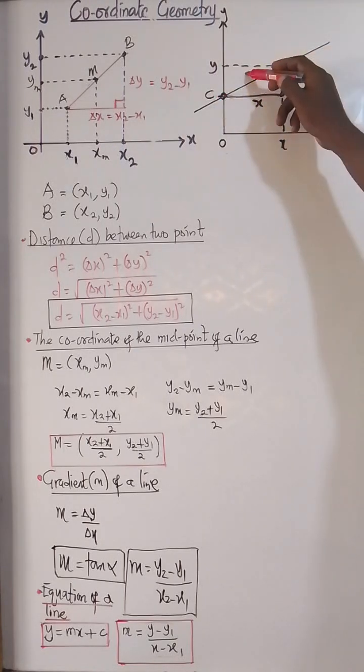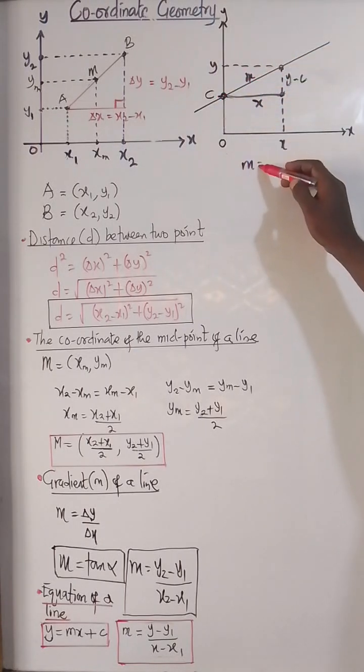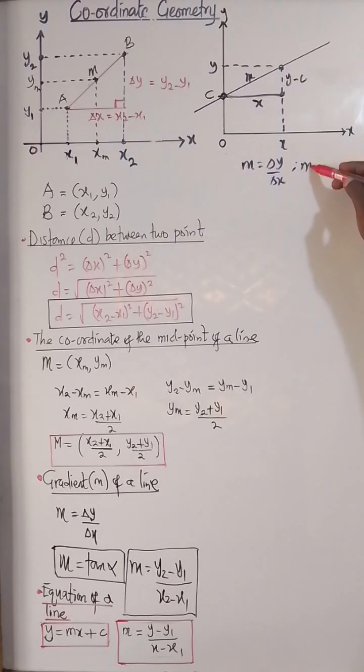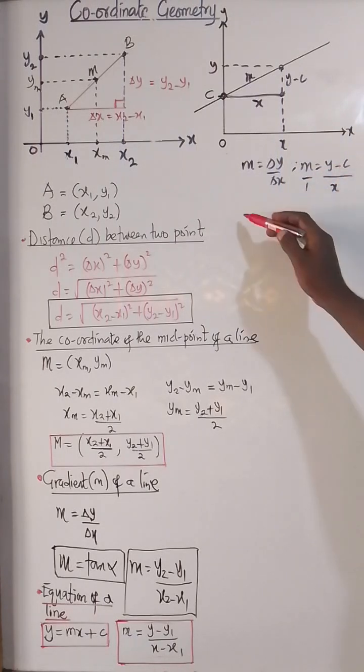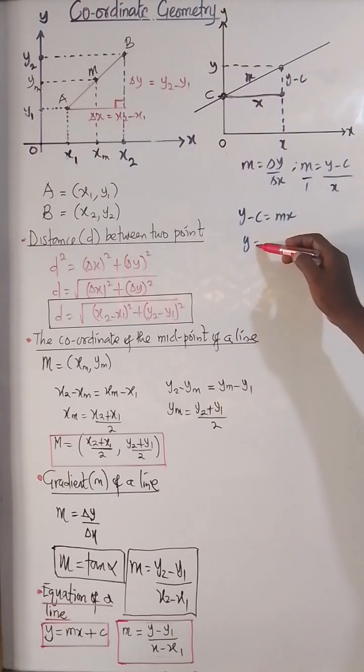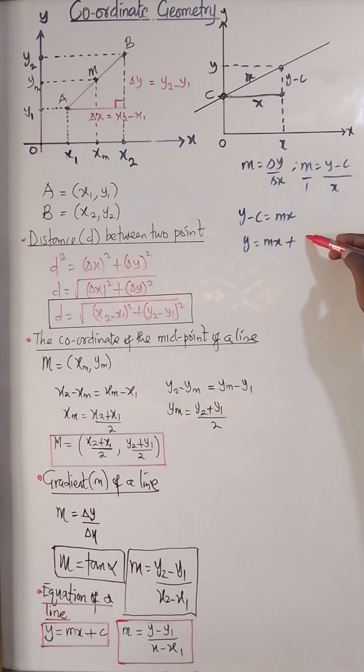So the gradient m of this line is the change in y-axis over the change in x-axis. The change in y-axis is y minus c, over x. By the time we cross multiply, we have y minus c equals mx. Then y equals mx plus c. That's how this first one is gotten.